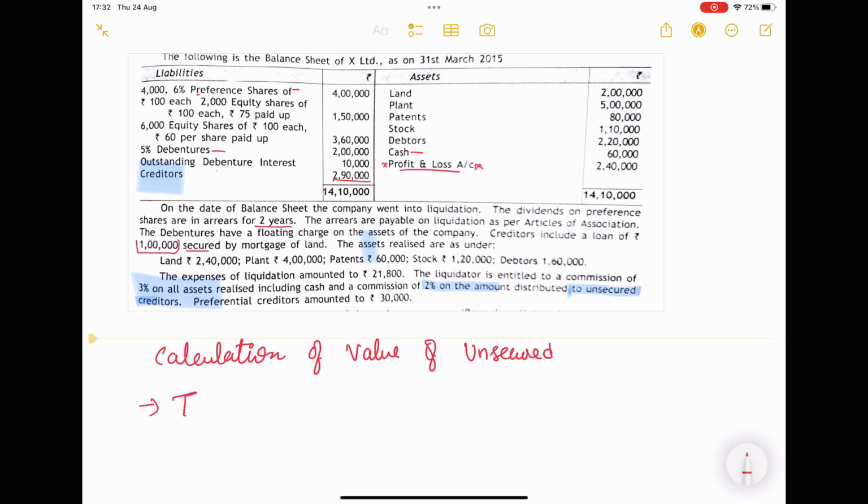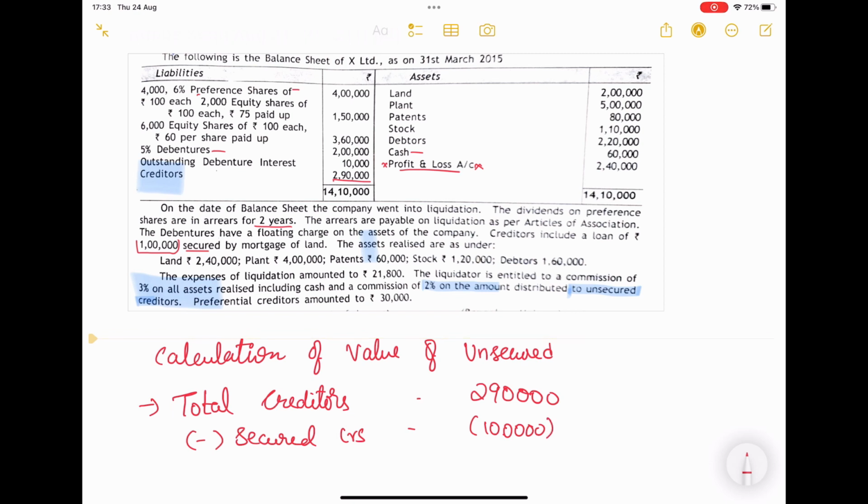Total creditors: how much have they given in the balance sheet? 2,90,000 they have given, minus secured creditors 1 lakh, less preferential creditors.